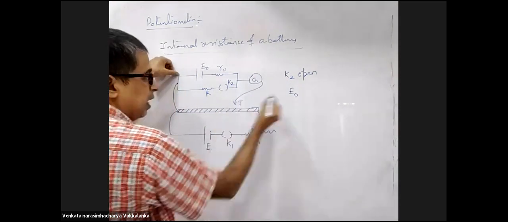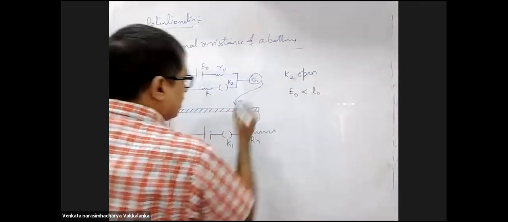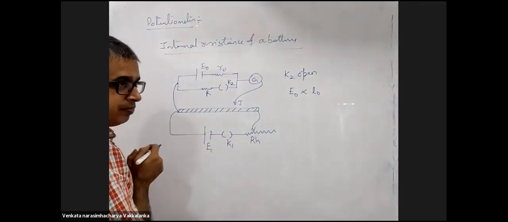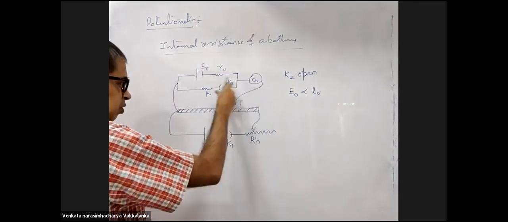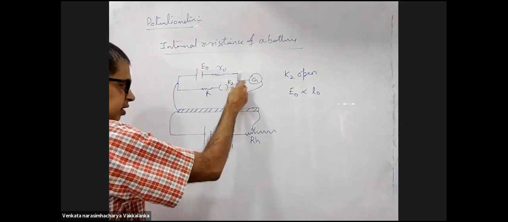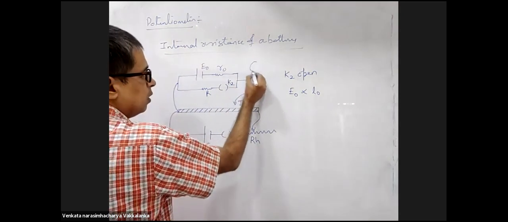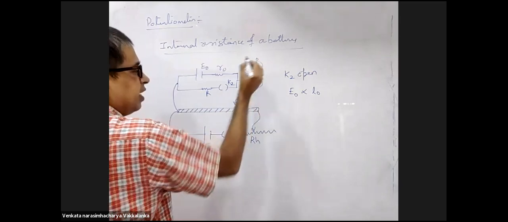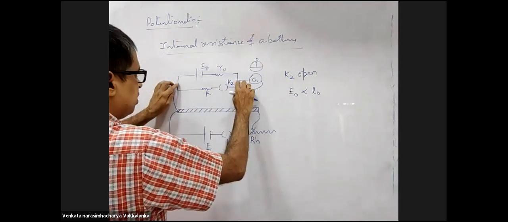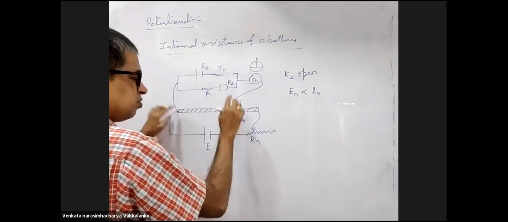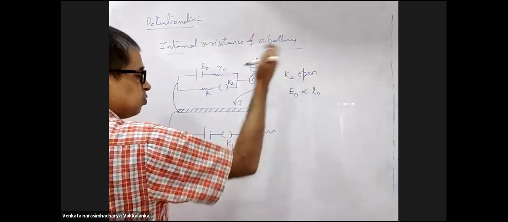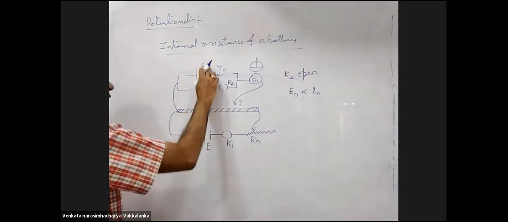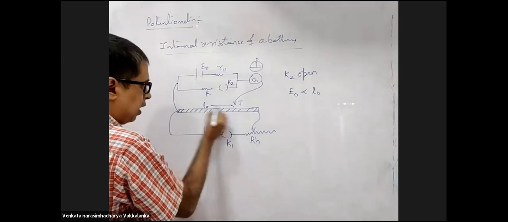I found out the balancing length that was directly proportional to L. I kept the jockey here, and I found out the null deflection point for the galvanometer. That means the potential difference across this and across this will be the same. That's why I found E0 directly proportional to L.